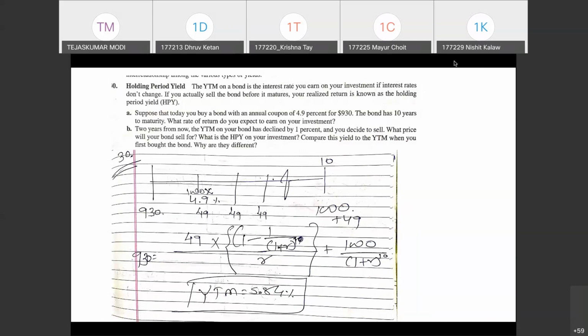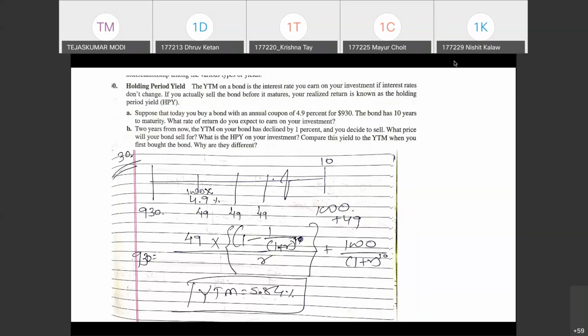But how do we solve this question? The question is, what if you decide to sell this bond after 2 years and the yield to maturity has changed by 1%? That means the market interest rate has changed by 1%, right? What is the HPY?